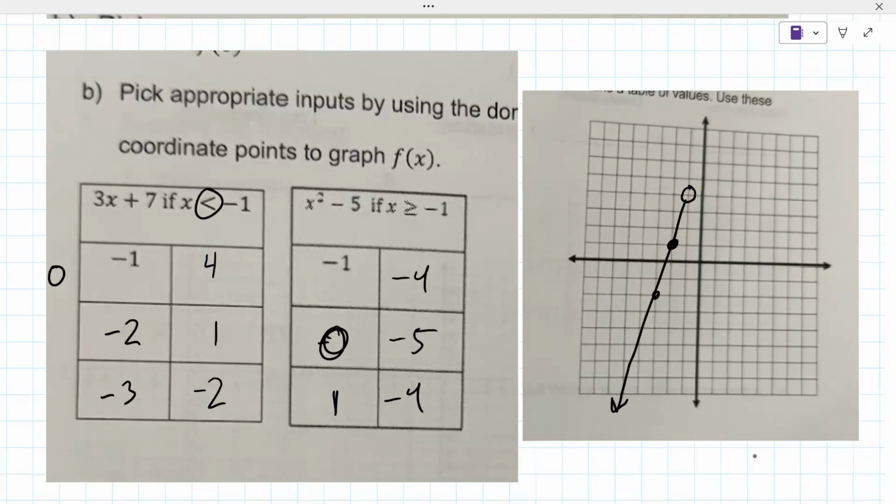Okay, go ahead and get that down on your paper, please. All right, I'll get that down.